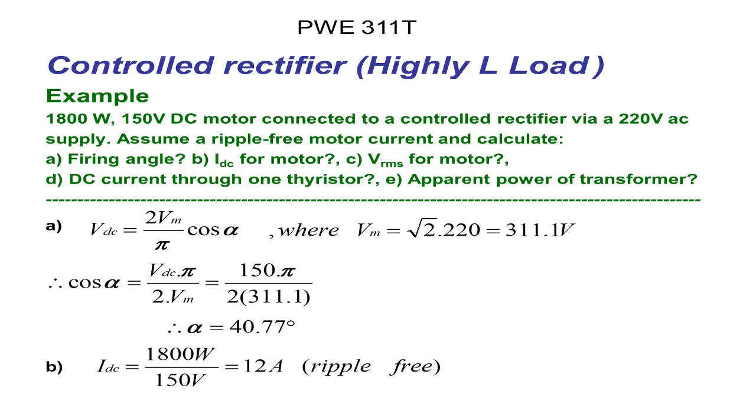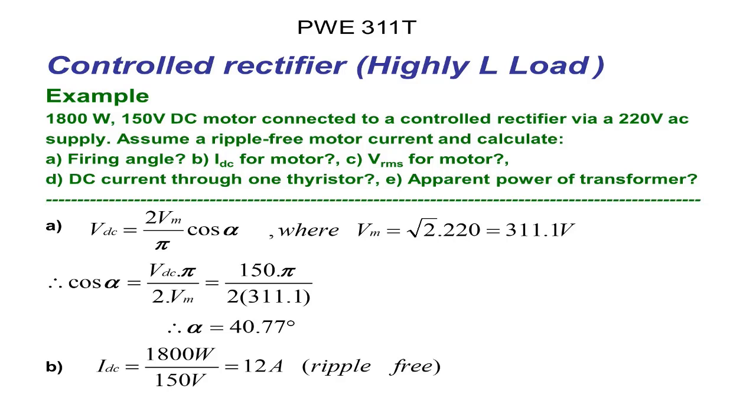So 150 times pi over 2 times Vm. Vm is root 2 times 220. The source voltage is 220. So arc cos of that will give you 40.77.